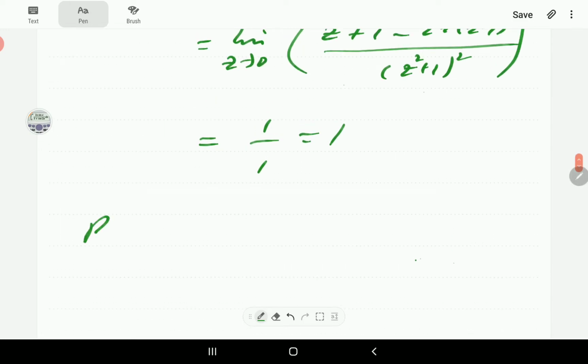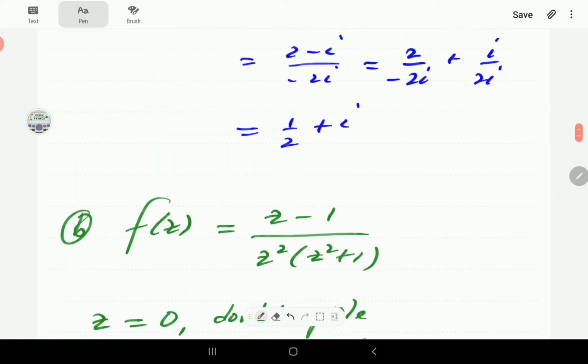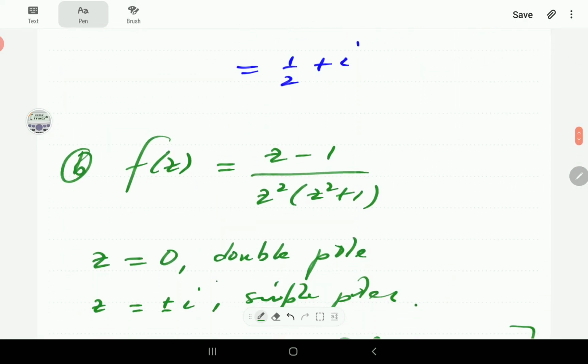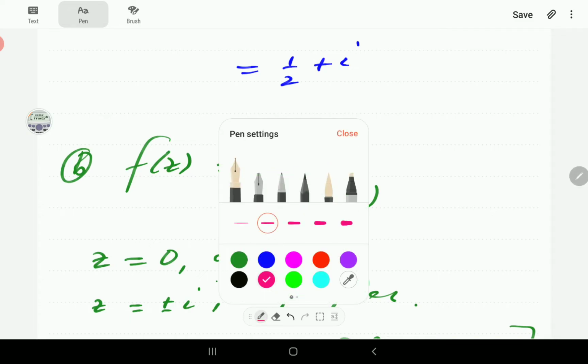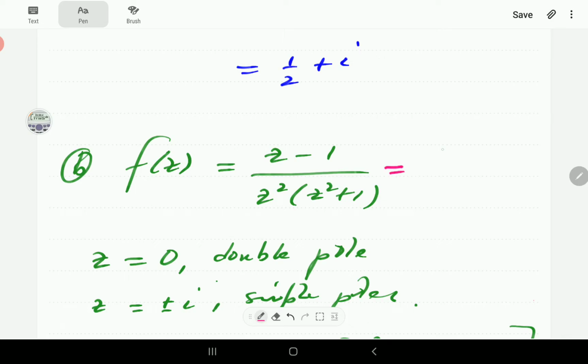Then now we go to the residue of f of z at z equals i. So there's i and then there's negative i. Since this one is a simple pole, we're going to use formula number 3. The denominator is z to the power 4 plus z squared.